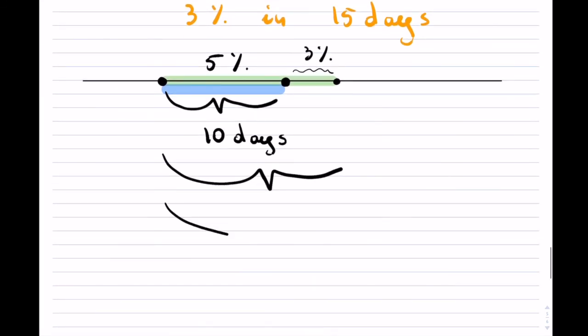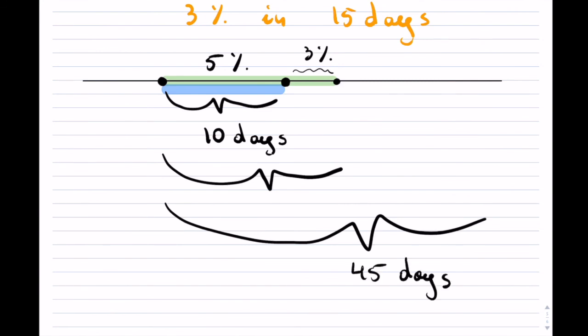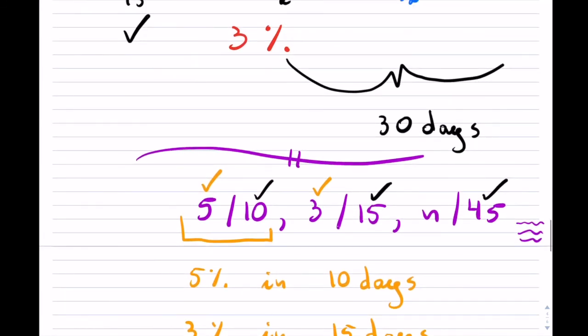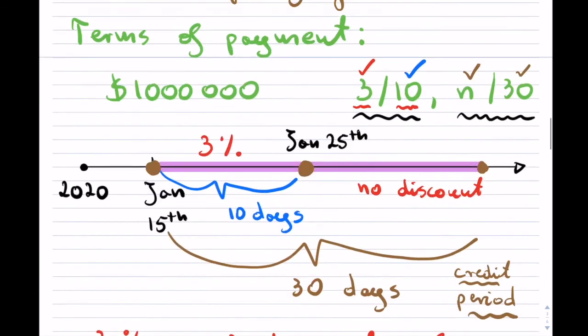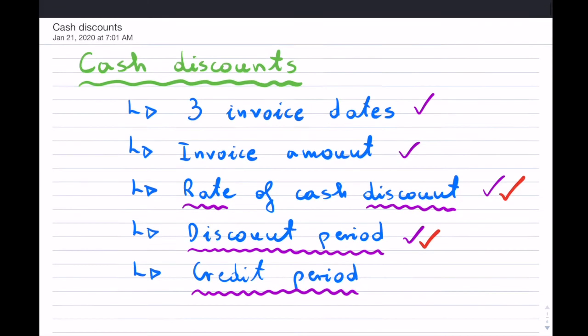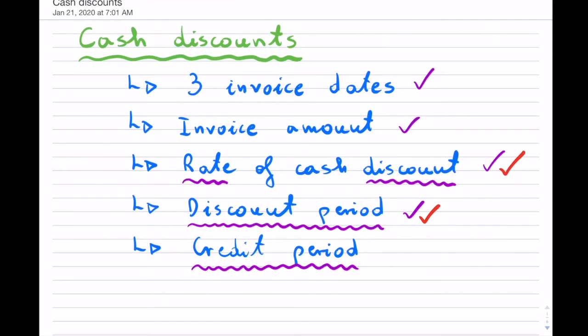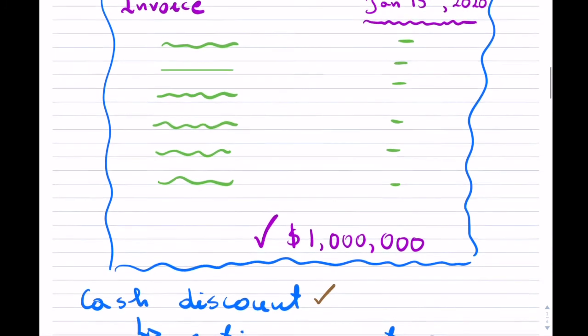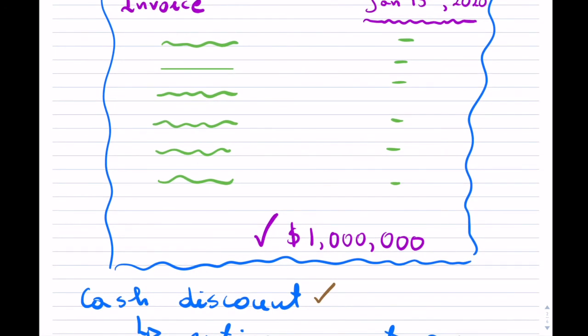So in total, okay, so what we have is we have 45 days to pay the whole thing off. All right, so I wanted to do this because sometimes students struggle with dealing with these cash discounts and how to compute them and so on. So the computation is not that hard.